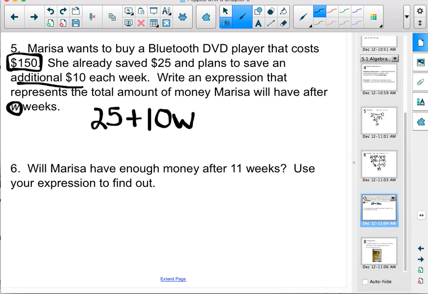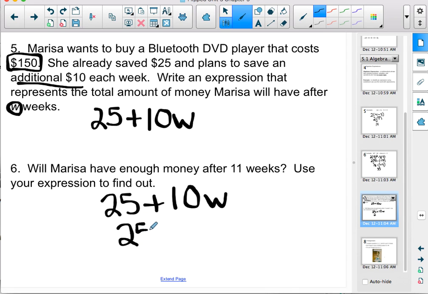We can use that expression to solve number 6. Number 6 says, will Marisa have enough money after 11 weeks? Use your expression to find out. So that tells me that I'm going to start with my expression, 25 plus 10W, and I'm going to take that 11 and substitute it in for W. So that gets me 25 plus 10 times 11.